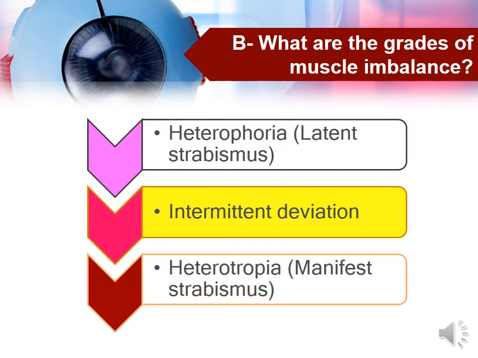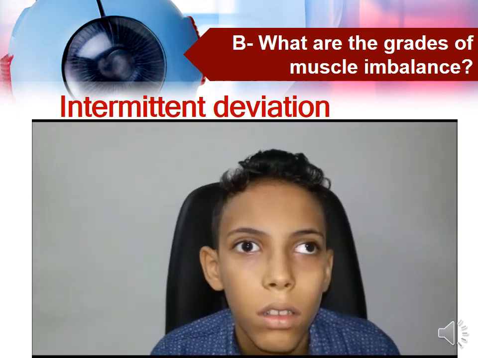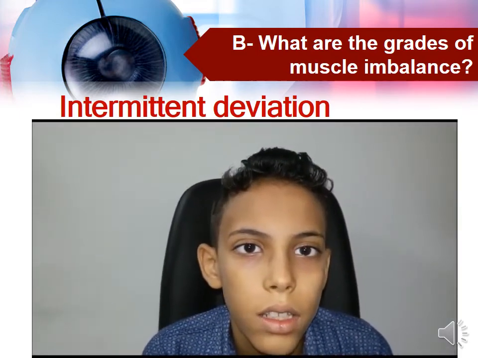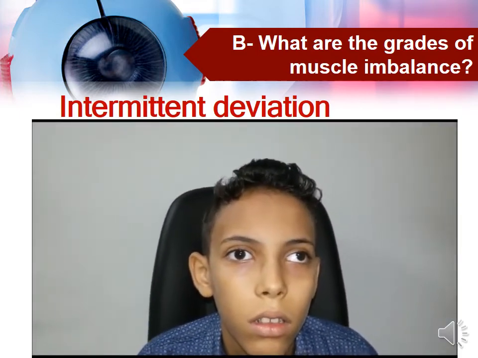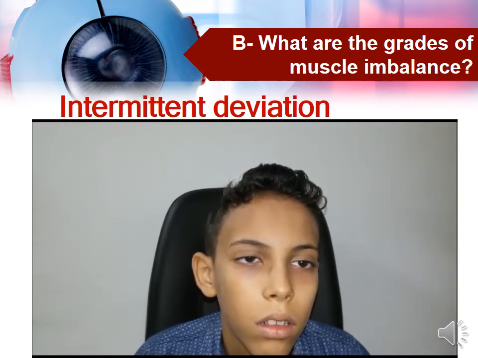Intermittent deviation is a grade a bit worse than latent strabismus. In intermittent deviation, the deviation becomes intermittently manifest even without disruption of binocular vision or without covering one eye, as compared to latent strabismus, where the deviation appears only with the disruption of binocular vision or cover.